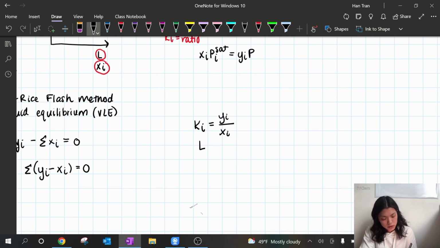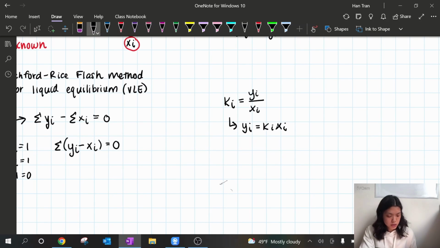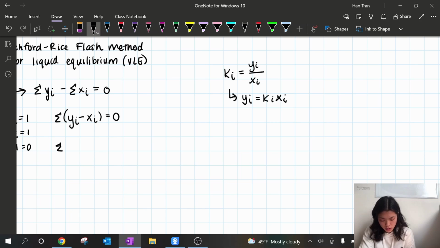So if we move things around, the vapor mole fraction equals the ratio times the liquid mole fraction. So if we substitute that in, we have the summation of the ratio times the liquid mole fraction minus the liquid mole fraction equals 0, and then we can clean it up and have the summation of the liquid mole fraction times the ratio minus 1 equals 0.